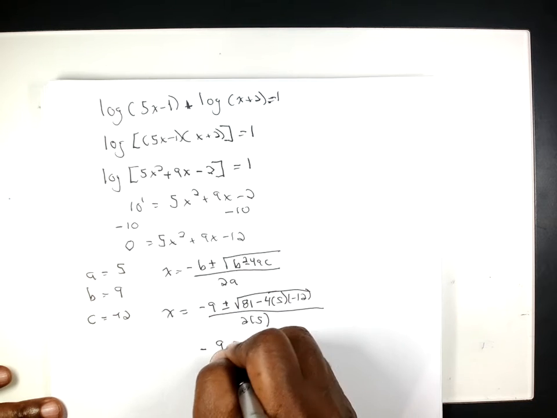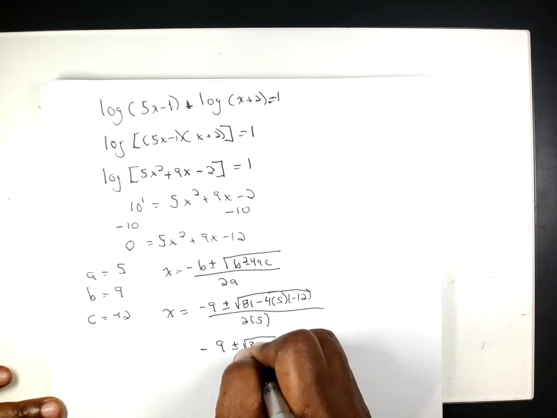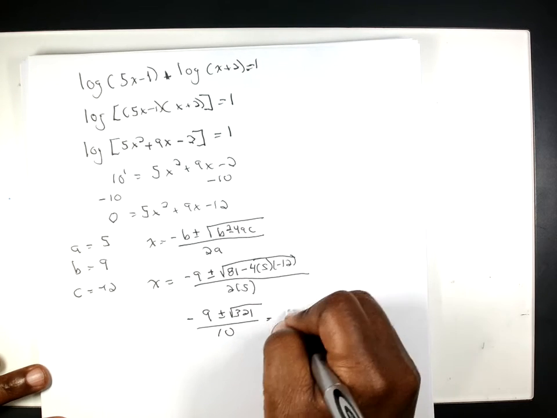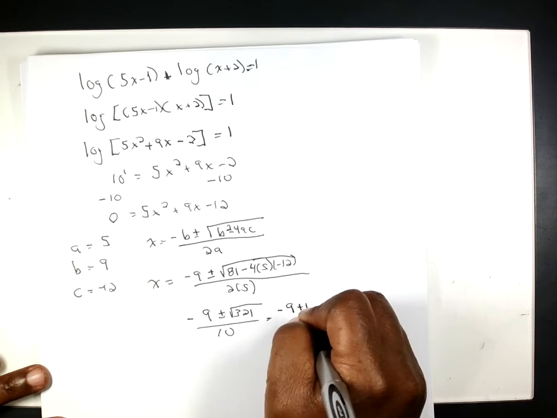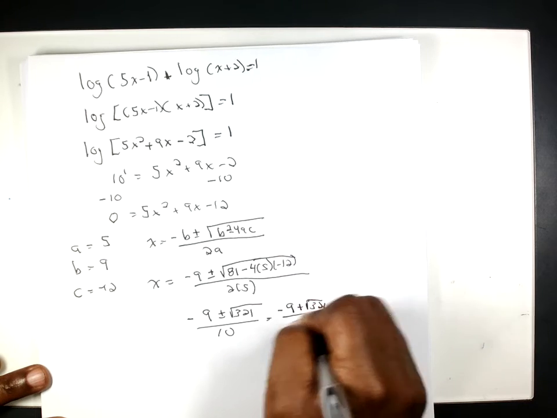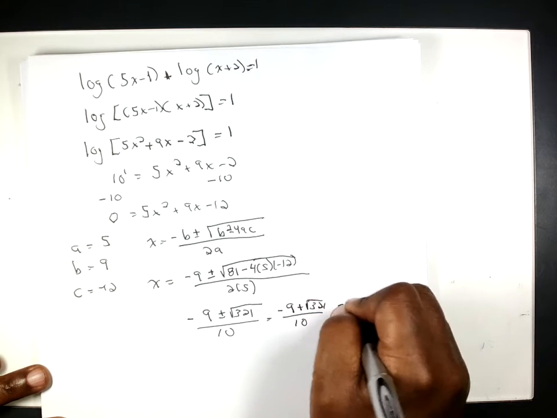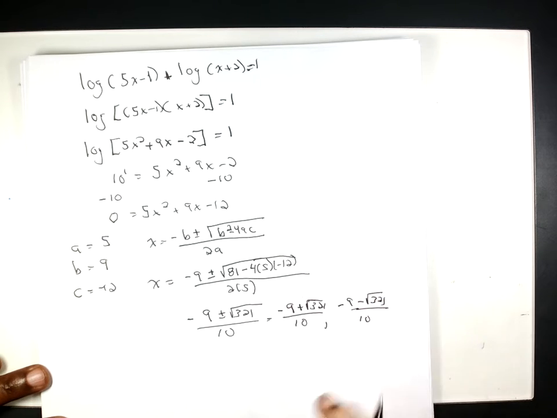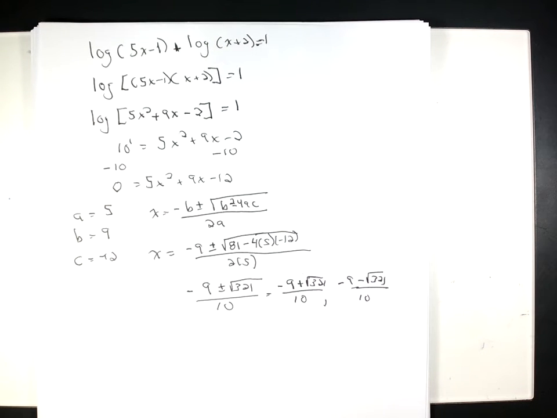So I have negative 9 plus or minus the square root of 321 over 10. So there's two different answers here. Negative 9 plus the square root of 321 over 10, and negative 9 minus the square root of 321 over 10. And you're going to plug those in your calculator separately.